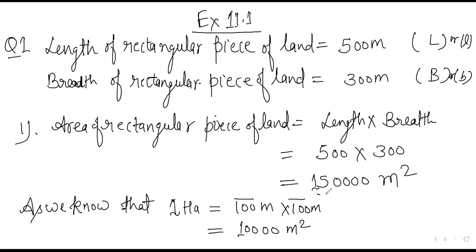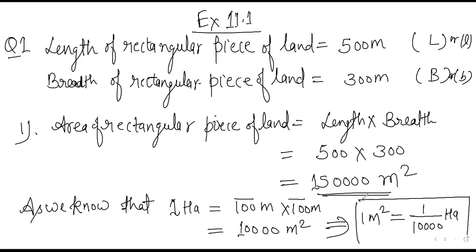If we find this area in hectare, okay, so what we need to do means we have to change meter square to hectare. So 1 meter square is given from this concept, that will be 1 upon 10,000 hectare. Means simply you also know that this identity and this one, 1 hectare means 10,000 meter square and 1 meter square means 1 upon 10,000 hectare.